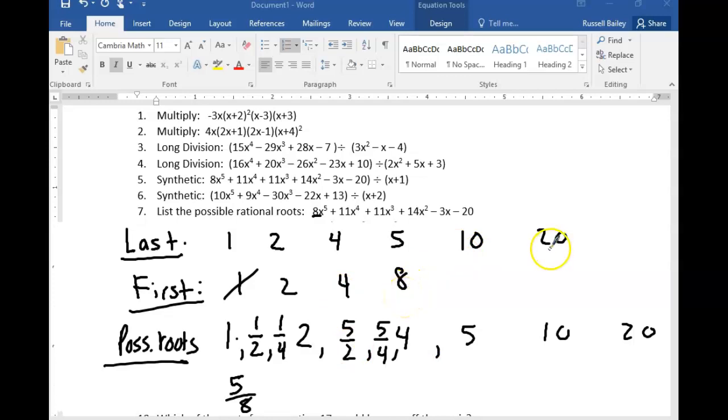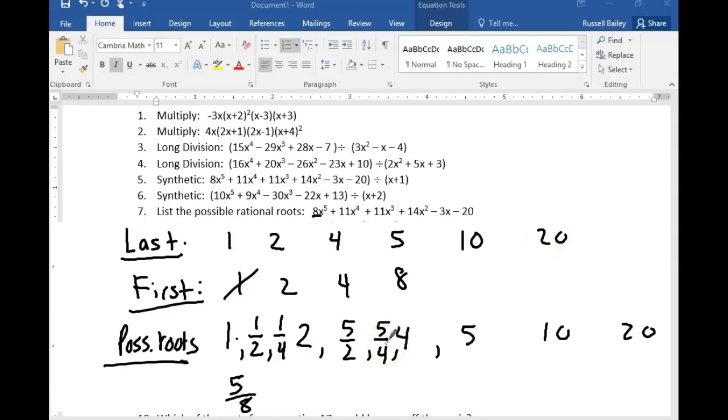And finally, for the 20, we'll do 20 over 2, which is 10, 20 over 4, which is 5, 20 over 8, which would be, let me think here, 5 halves. We already have that.